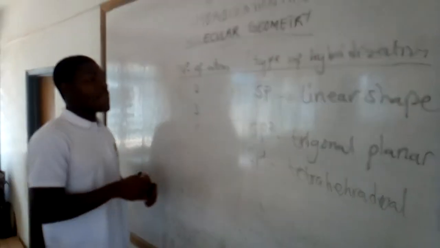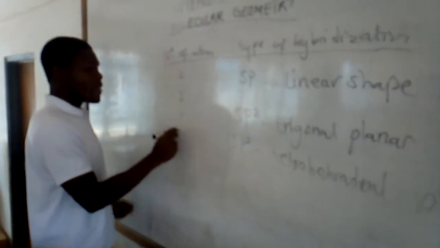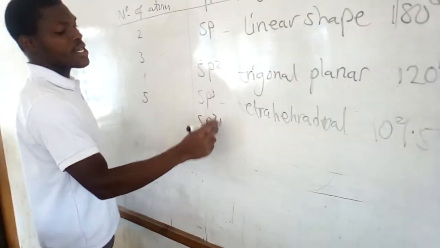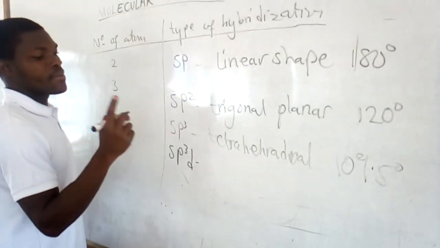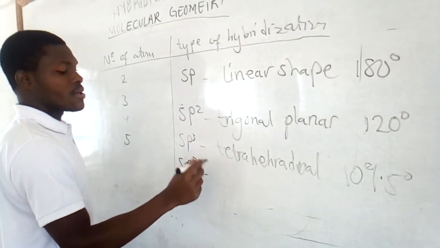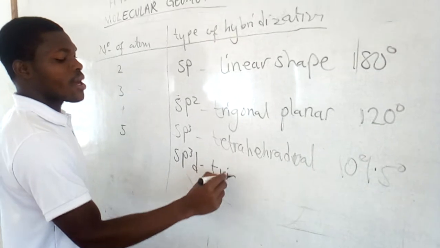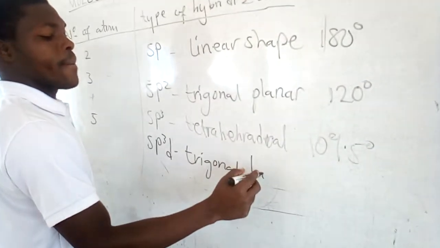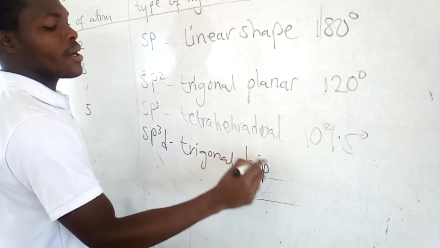When the number of bonding atoms and lone pairs is 5, we have sp3d. The shape is trigonal bipyramidal.